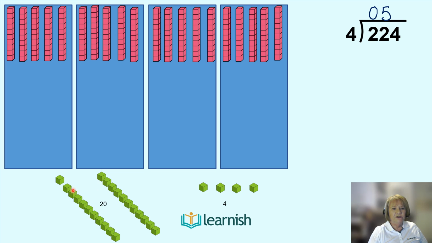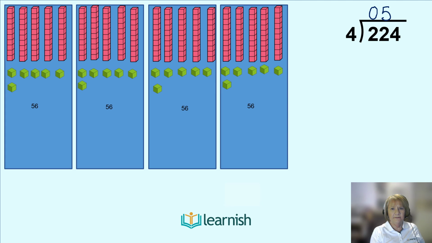So I'm going to take all of these units and divide them evenly into these 4 groups. So I divided my 24 units into 4 groups. And as you can see, there are 6 in each group.